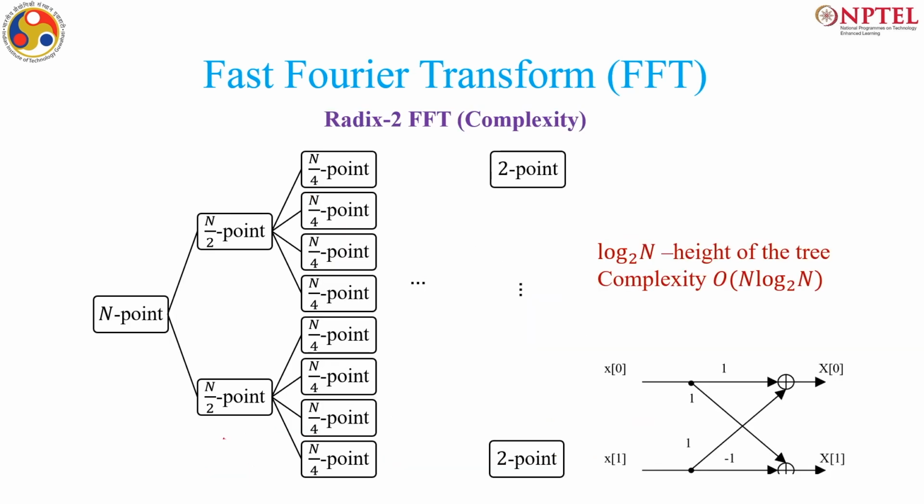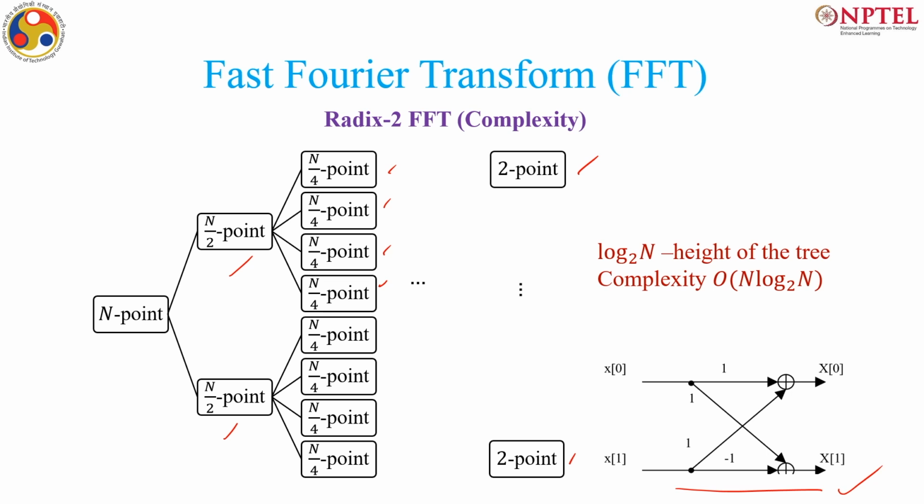So, from n we get 2 n by 2 point DFTs, then from n by 2 we get 4 n by 4 point DFTs, and we keep on doing this until finally we end up with 2 point DFTs, and 2 point DFTs, as I said, are just adding and subtracting. So, what is essentially the computation?